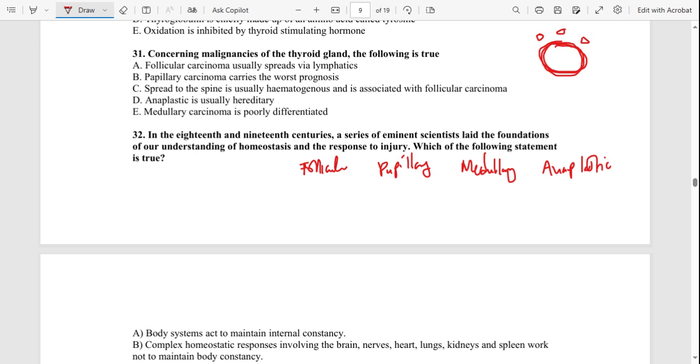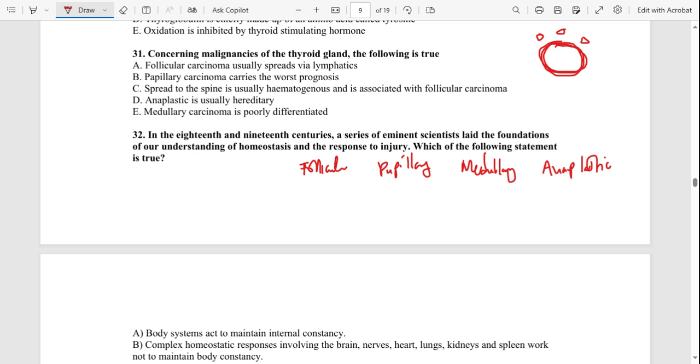Now when you look at the cells where these carcinomas come from, nearly all of them come from follicular cells except the medullary. The medullary carcinoma originates from the C cells, the parafollicular cells. Now, one thing that determines if a carcinoma is going to have a poor or a good prognosis is the differentiation.